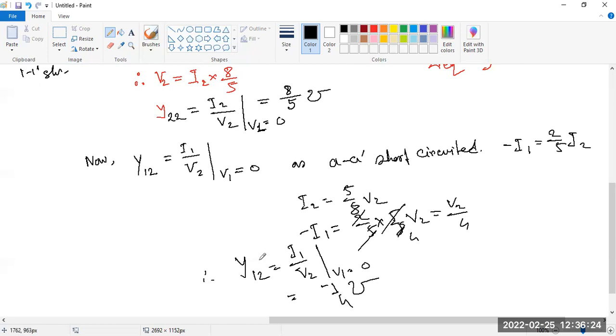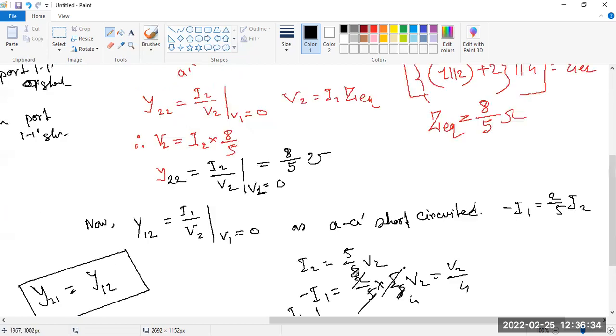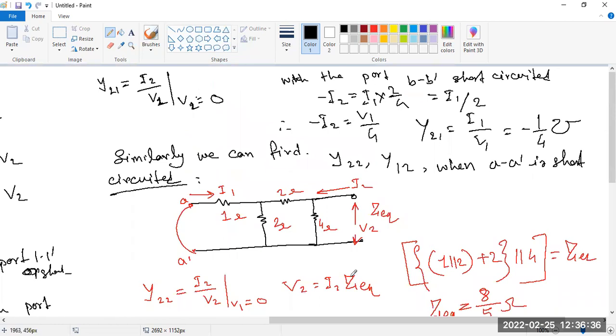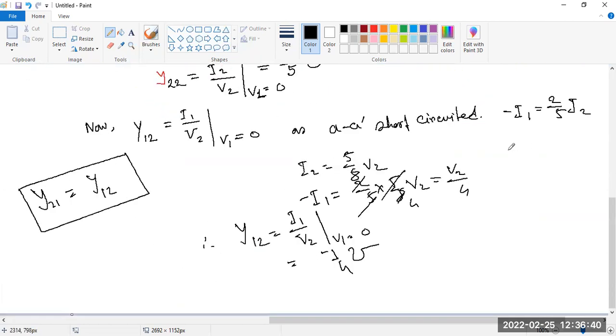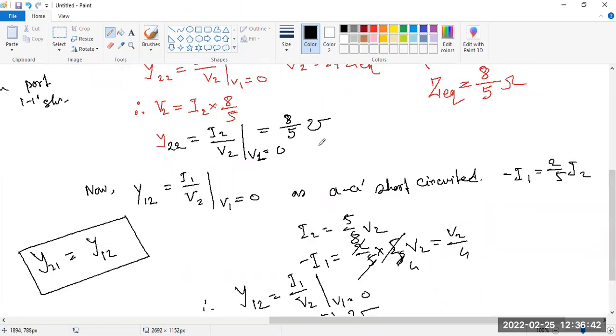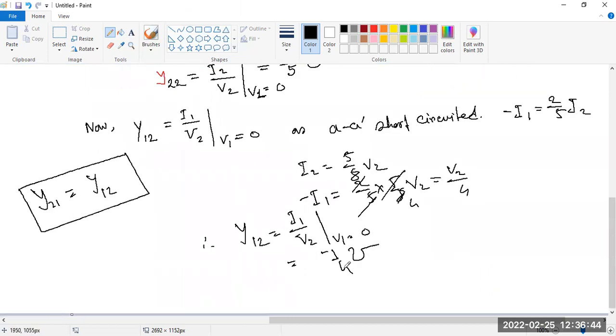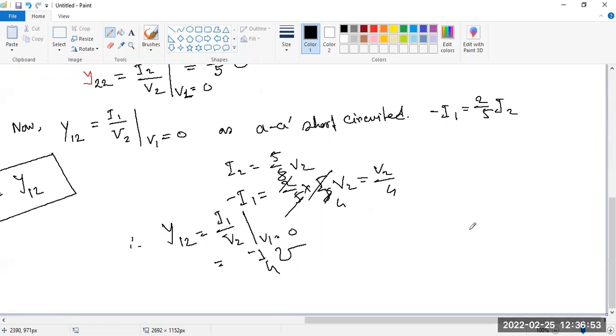You can see that y21 equal to y12. Okay, y21, this is also minus 1 by 4, and in previous cases we also found that it is minus 1 by 4. So this is the reciprocity.